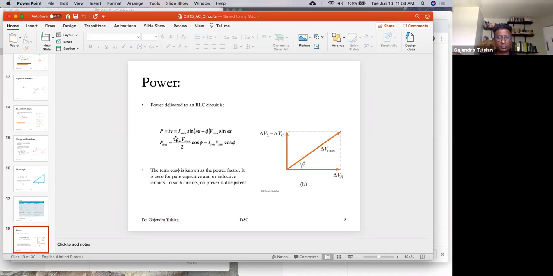Remember, IRMS was I max over root 2. So this expression I max V max over 2 is equal to IRMS times VRMS times cosine phi. Cosine phi is known as the power factor. So if phi was 90 degrees, this would be 0. No power is being delivered.